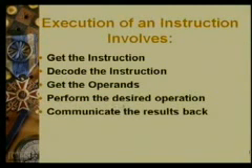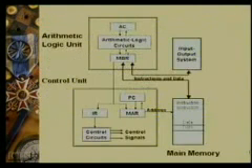Where exactly will this desired operation be performed? It will be performed in the arithmetic logic circuits, so the required operation will be performed over here. Where exactly will the data be brought? In the memory buffer register, or maybe to the accumulator register, maybe from the input-output system to these two places.